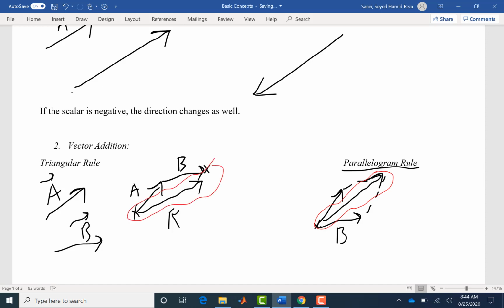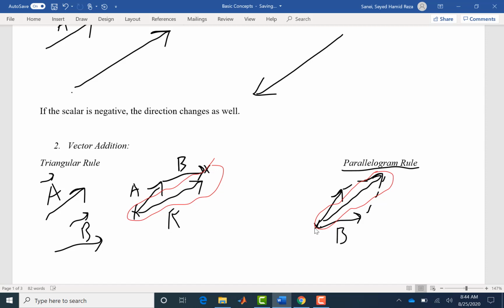So in triangular rule, we place the first vector A, and then the second vector begins when the first vector ends. And then the resultant vector, R, which is A plus B, starts from the beginning of A toward the end of B. But in the parallelogram rule, we place vector A, and then after that vector B, and we place both of them at the same location.